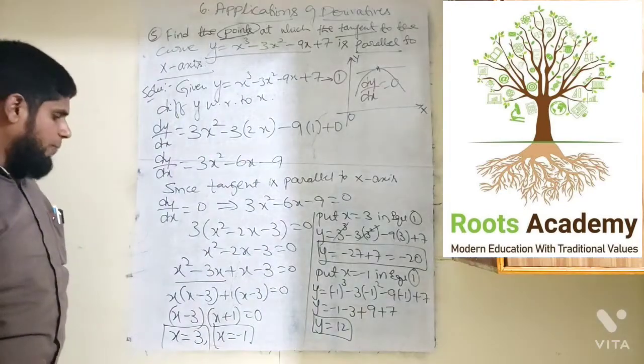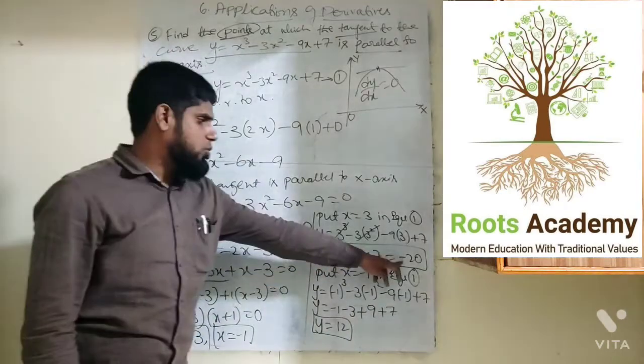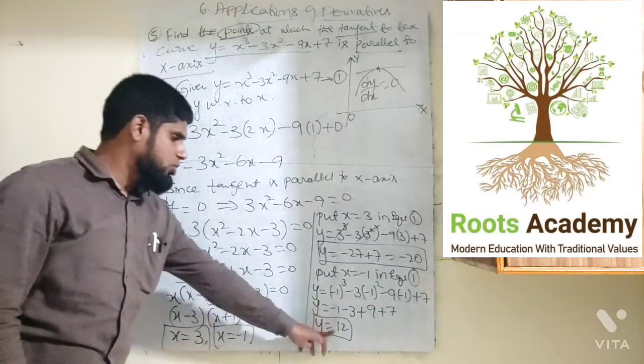Student, here the points are 3 comma minus 20 and minus 1 comma 12.